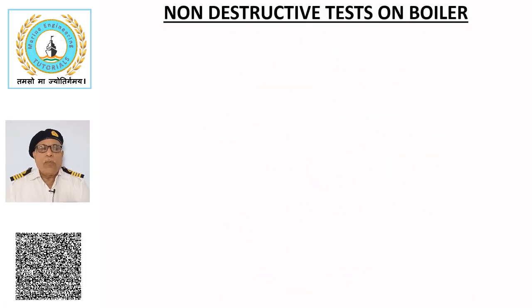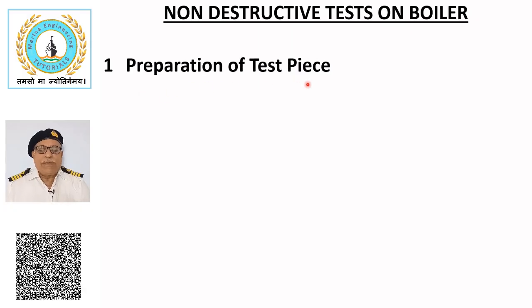Non-destructive tests on boiler. Non-destructive tests are carried out to see the welding defects and to study the crystal structure of the metal. Preparation of the test piece. Test piece is prepared by grinding and polishing until a scratch-proof surface is viewed with naked eye.